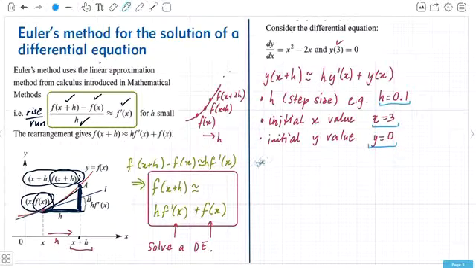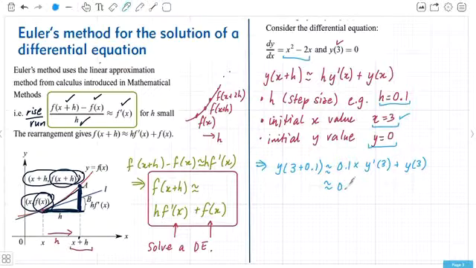And what I'm going to do here is substitute them in. So I've got y of x, this is the x that we start with, so it's 3, plus h is 0.1, is approximately equal to h, 0.1, times the derivative, so it's x squared minus 2x, and it's the derivative where we have x in there, so derivative at 3, plus y at the point 3.